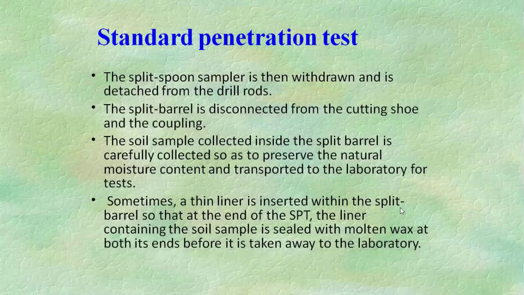It is driven by means of a drop hammer of 63.5 kg mass falling through a height of 750 mm at the rate of 30 blows per minute. The sampler is driven into the soil, as per IS 2131. The number of blows of the hammer required to drive a depth of 150 mm is counted.